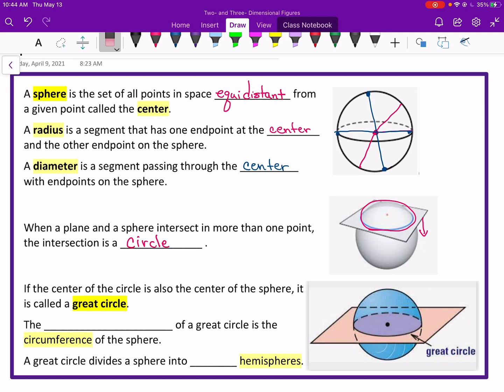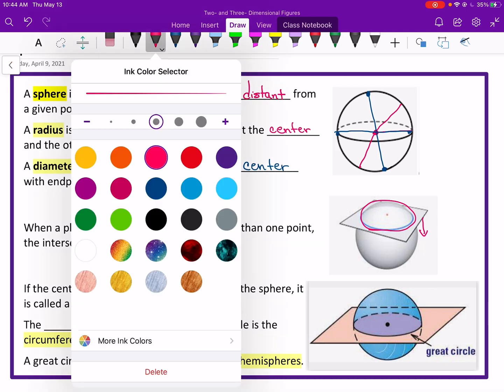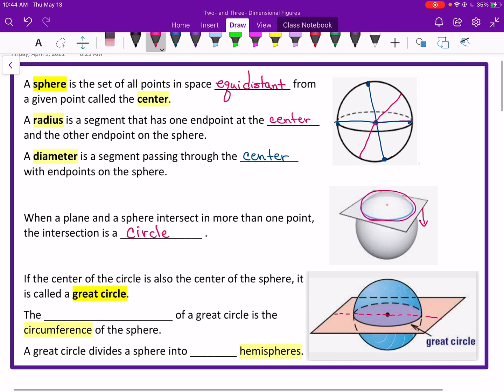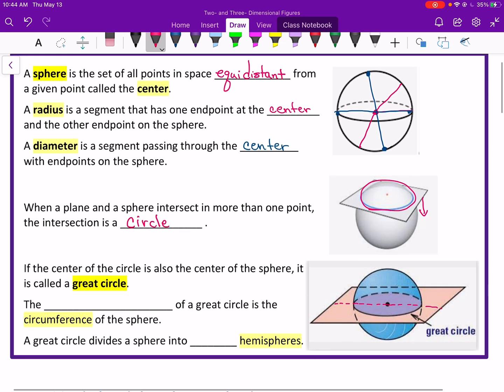I didn't make that line go through the center. And when that plane passes through the center of your sphere, that circle that it makes is called a great circle.